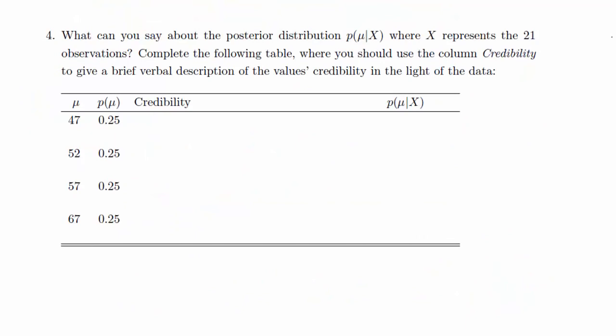We have our four values and the prior probability of 0.25 for each of them. So how credible was 47? We already discussed that. That was extremely uncredible. The data do not support the idea that mu could be 47. It's very unlikely that the data were generated by this. Now 52, it's also not really supported, not as extreme as 47, but it's really not supported.